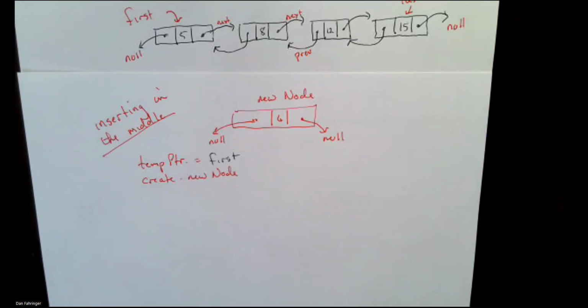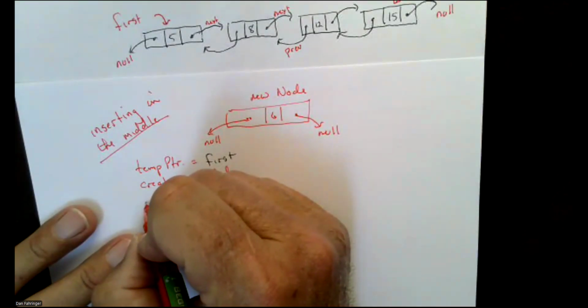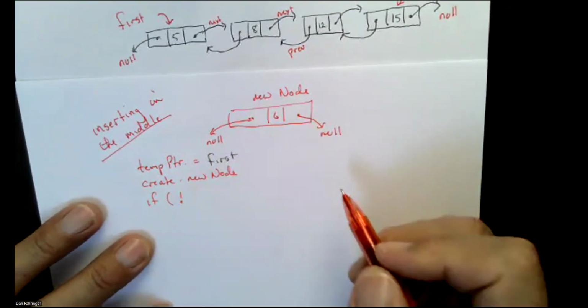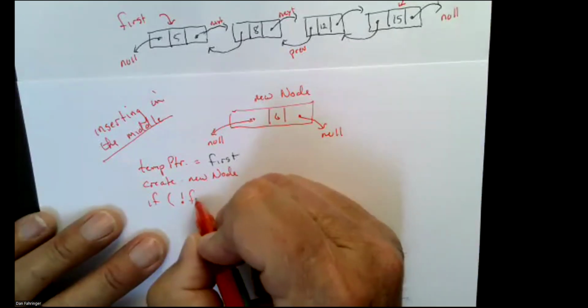Let's see if we can come up with some stuff here. If empty, then first equals new node, else... If not first.